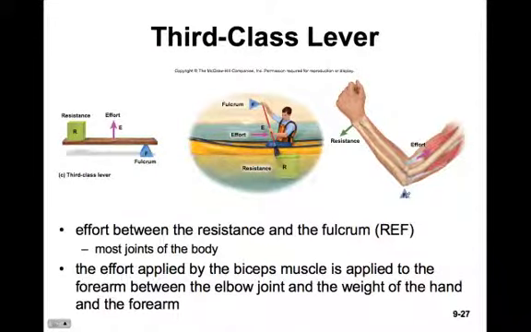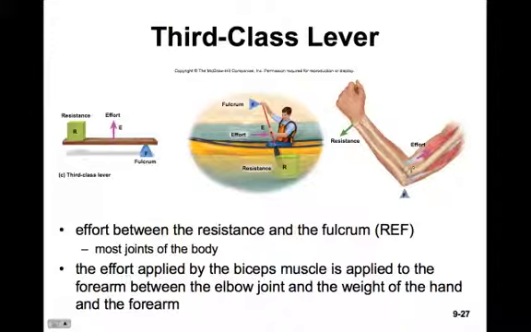In a third-class lever, the effort is between the resistance and the fulcrum. An example of this is when we paddle a canoe. The fulcrum is in our top hand, and we're pivoting the effort around that to push the resistance, the water. Most joints in the body are third-class levers, as in the elbow joint that we looked at earlier.